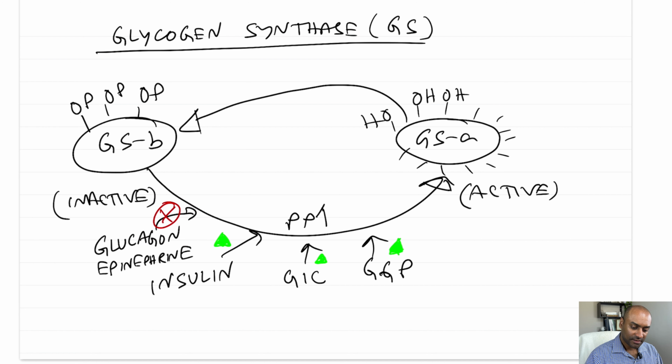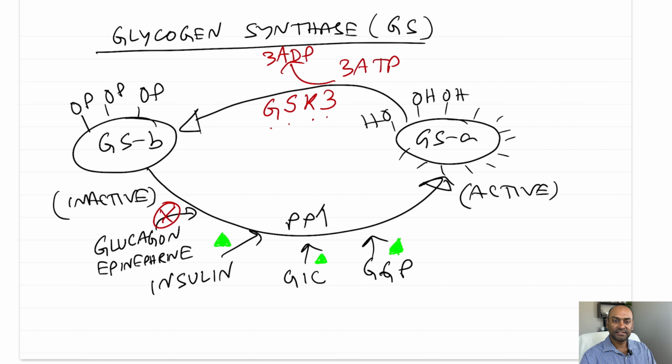Now one other thing we will see is how glycogen synthase converts from the active to the inactive form. Basically, as you see, phosphoryl groups are attached. We need 3 of them, so we need 3 ATP, and then we'll make 3 ADP. The enzyme in this case is called glycogen synthase kinase 3, GSK3. The glycogen synthase kinase is what phosphorylates the enzyme to convert it from the active to the inactive form.